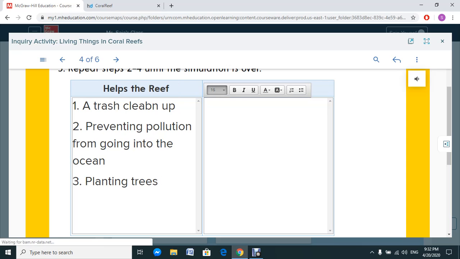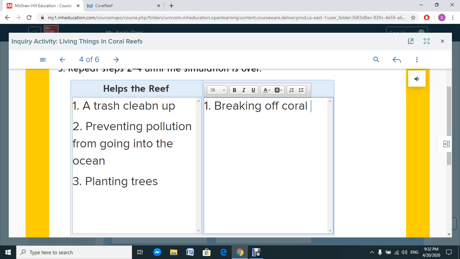Now, what other things did we do that were very bad and harmful for the reef? Remember, the first thing was breaking of coral. So the first thing was when we break the coral. The second thing is an oil spill.